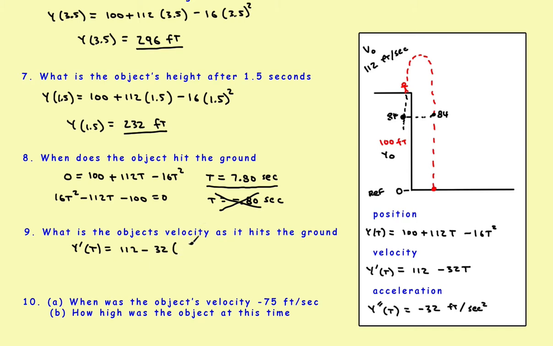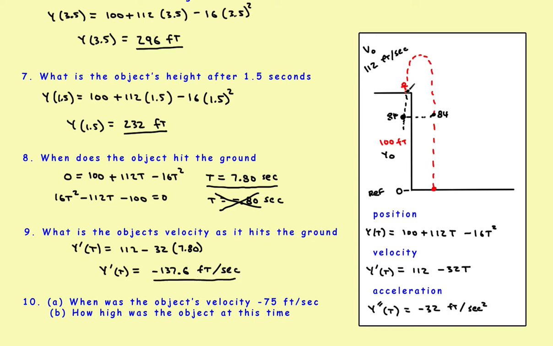And again, you know it hits the ground at 7.80 seconds, so plug that in, and you will get the velocity the instant before it hits the ground. If you do that, it'll turn out to be negative 137.6 feet per second. So that's its speed just before it hits the ground.